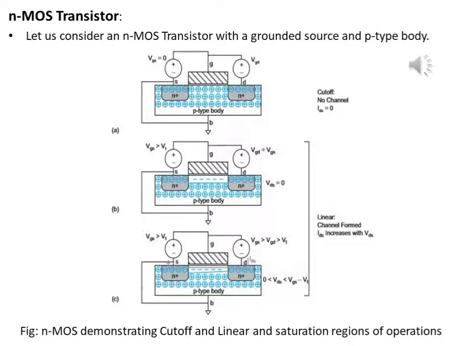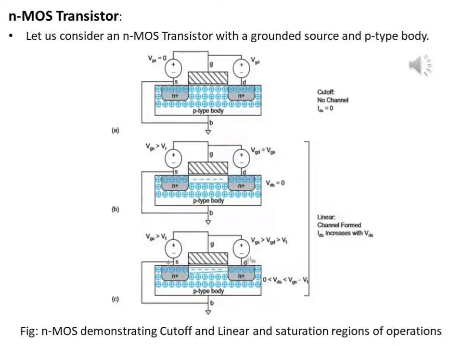If no current flows, we assume that the transistor is in off condition, and this mode of operation is called the cutoff. It is given clearly in figure A.